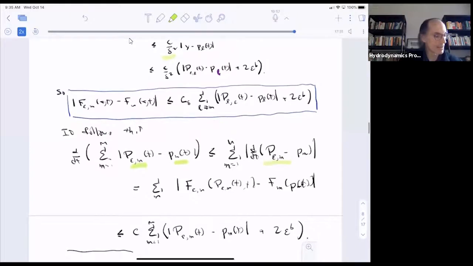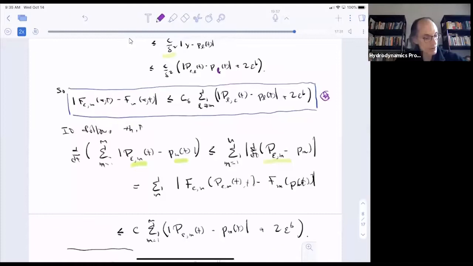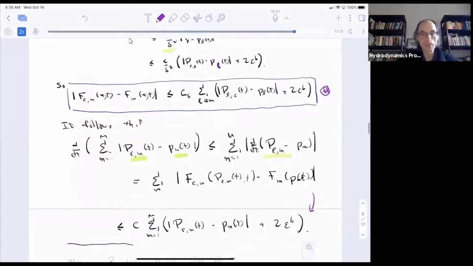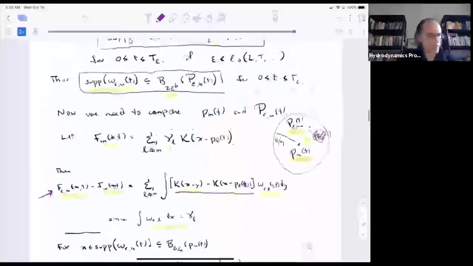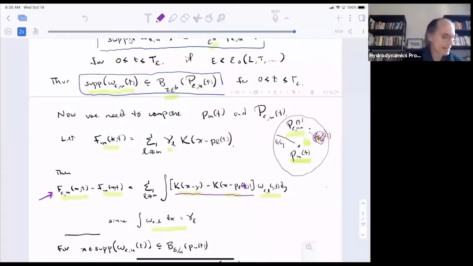Okay, and then finally I use this fact here, and I get this estimate. Okay, so the picture is again, if every blob is close to where it should be, then the velocity field generated by the blobs is close to the velocity field generated by the points.